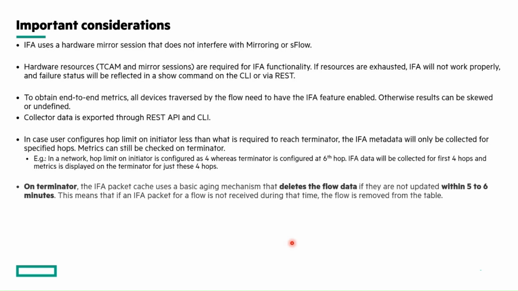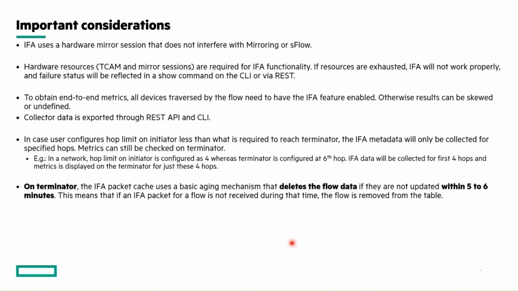Now on the terminator, the IFA packet cache uses a basic aging mechanism, and that is where we say that the flow packets should keep on coming so that the flow cache is updated in the metrics regularly within a period of 5 minutes. So the IFA packet cache deletes flows if they are not updated within 5 to 6 minutes.